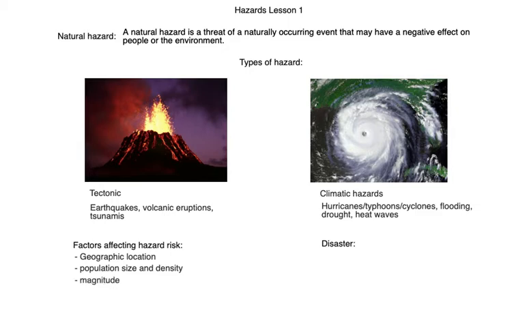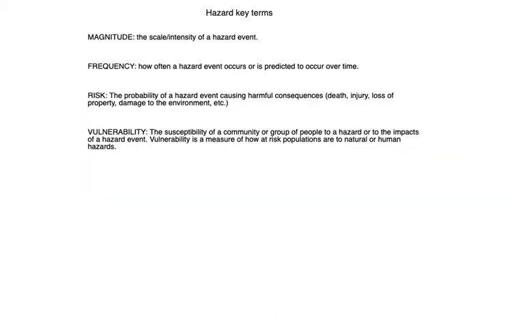Another factor is magnitude of a hazard. Now, what do we mean by magnitude? The magnitude is defined as the scale or intensity of a hazard event. So how strong or intense it is. You might have heard of earthquakes being magnitude 9.3 or 7.0 or something like that. That is a measure of their strength, their intensity.